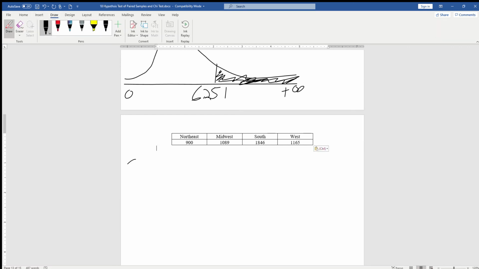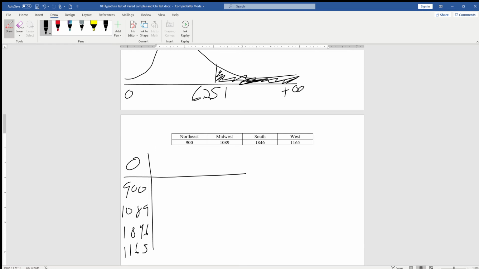O is the observed values, and those are going to be 900, 1089, 1846, and then 1165. The expected values are computed by N times P, and we know that N is 5,000, and P is going to be each of the sample proportions.